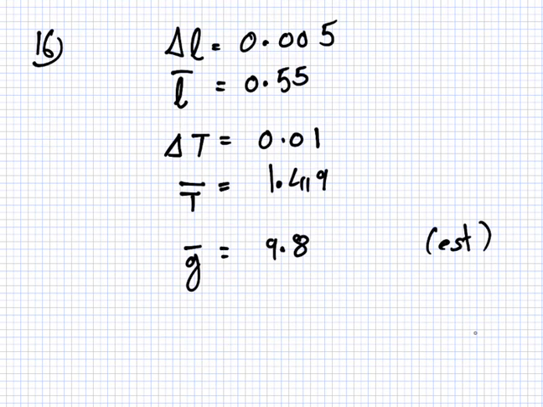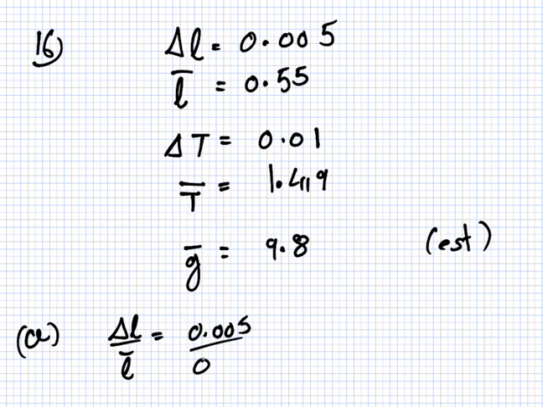Okay, so part A is what is the relative uncertainty of L. So that is delta L over L. Can you tell me this number, please? What do we have? 9 times 10 to the minus 3. 9.09 times 10 to the minus 3.